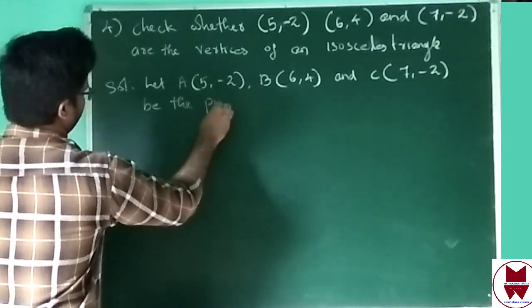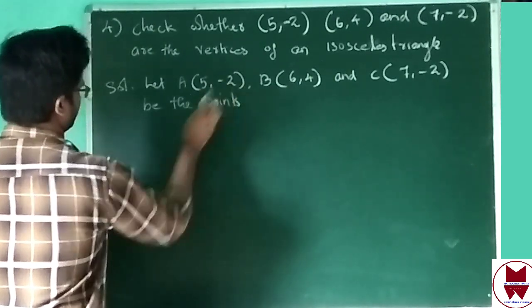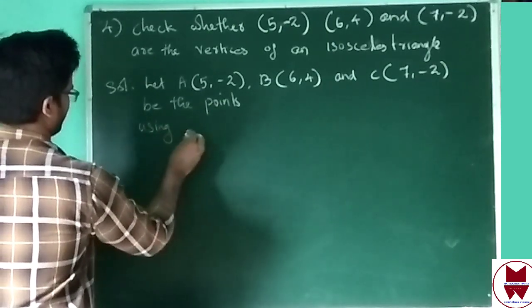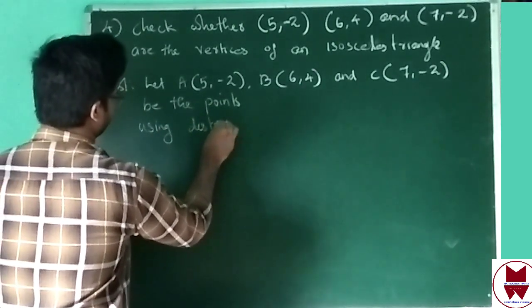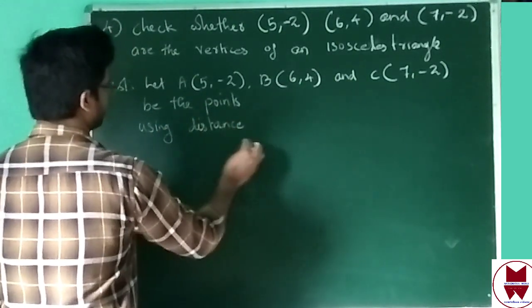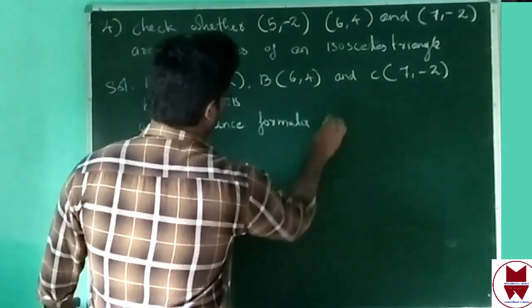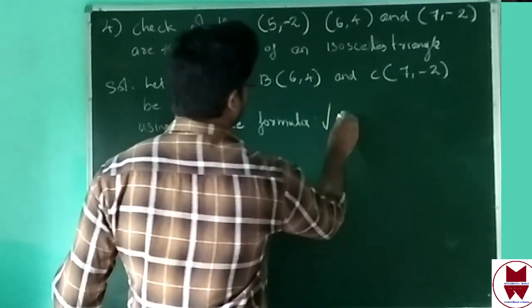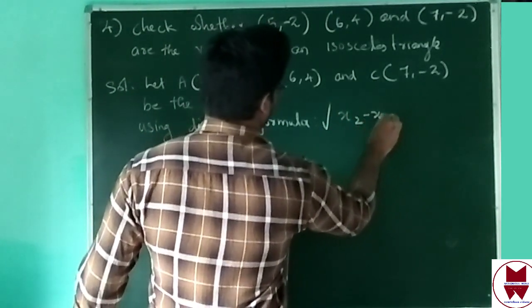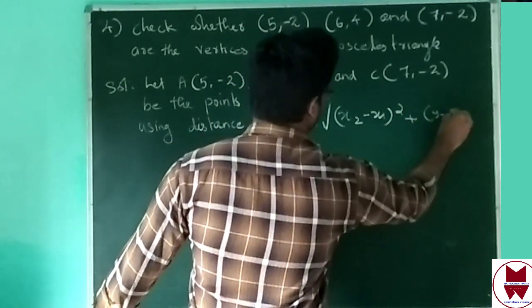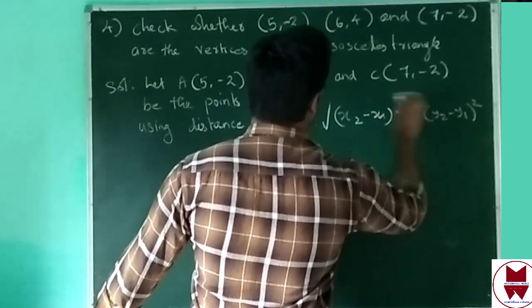Then using the distance formula, we can write the formula: square root of (x2 minus x1) whole square plus (y2 minus y1) whole square.